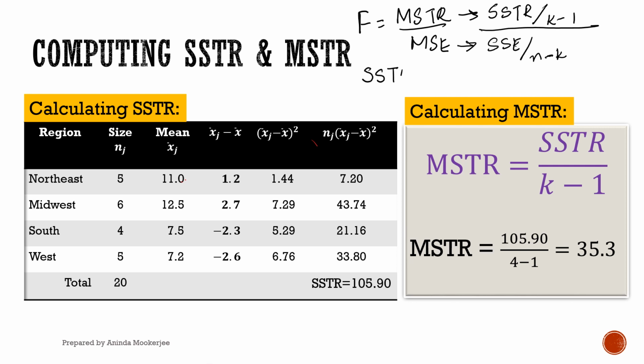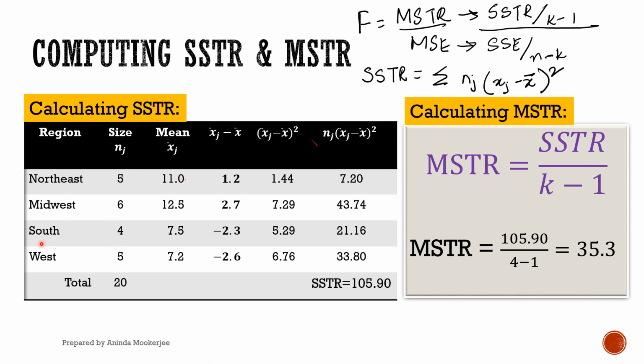The formula for SSTR is sigma n sub j times x sub j minus x bar whole squared. Let me explain a little bit what this n sub j and x sub j represent. N sub j is all these individual sample sizes in each region, right?